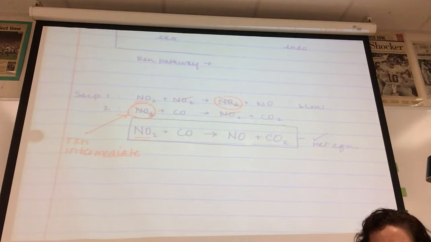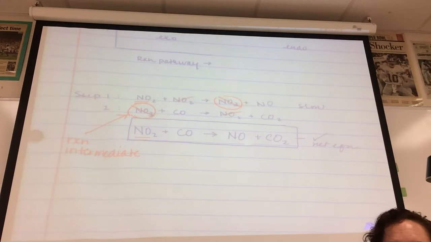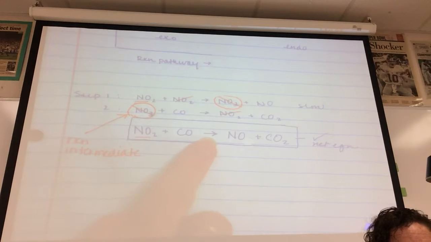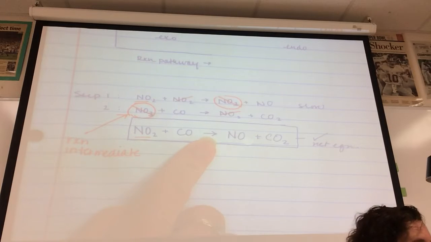That's the first criteria that must be met for a reaction mechanism to be plausible. It's the first thing you check. And if you're asked whether a reaction mechanism is plausible, it'll say list 2 criteria. That's one. The sum of these two is equal to the net equation.